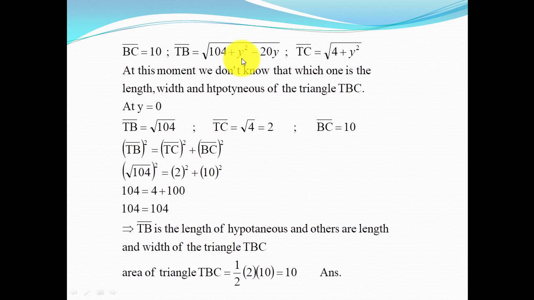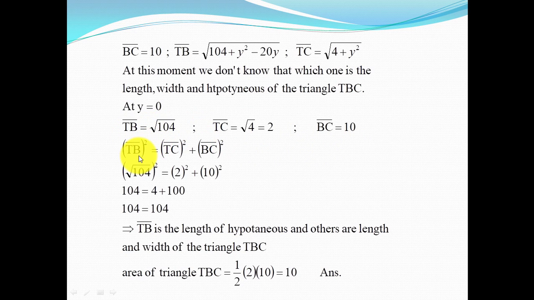So we put y equal to 0 and get the values of these lengths. For TB, putting 0 here, these terms are 0, so we get the square root of 104. For TC, putting 0 here, we get the square root of 4, which is equal to 2. Now we have the lengths of the sides of the triangle.